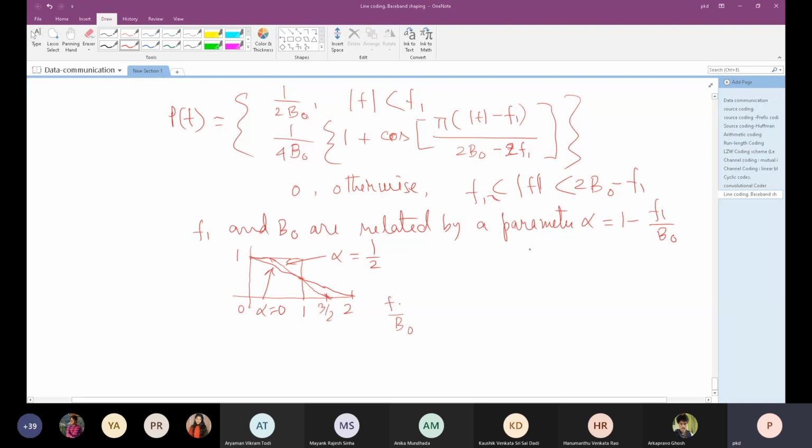Correspondingly, we have the sinc waveform modified. Sorry, this is not alpha equal to 0. Alpha equal to 0 is this original one. Alpha equal to 1 would be this. So then f1 would be 0.